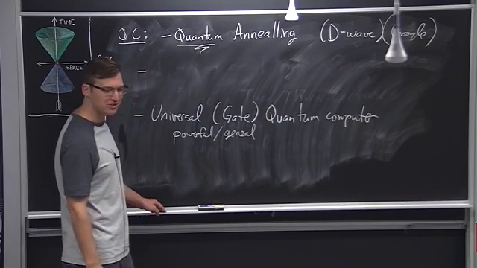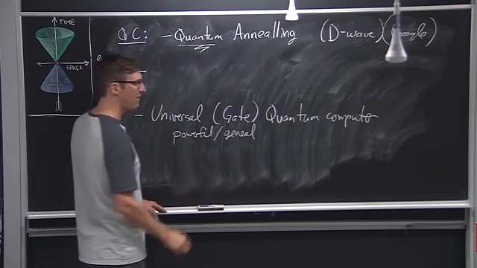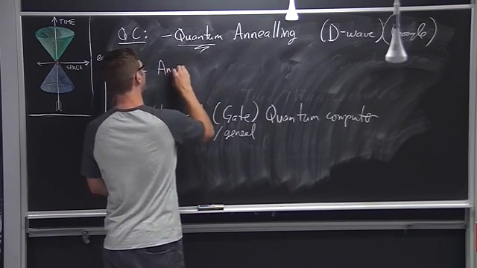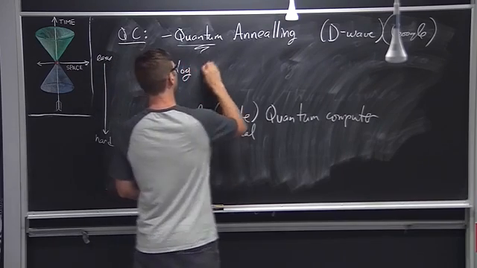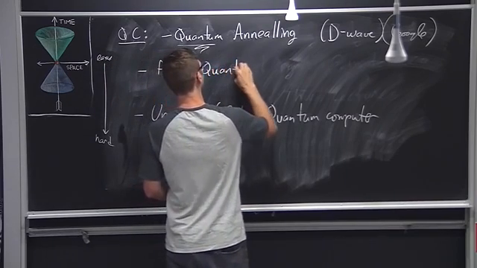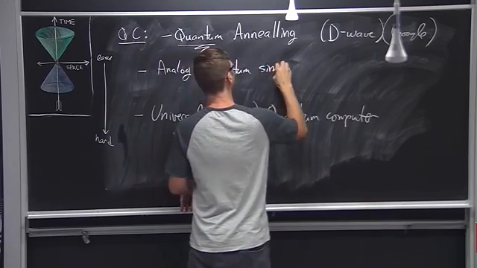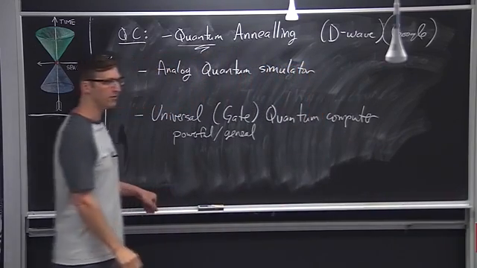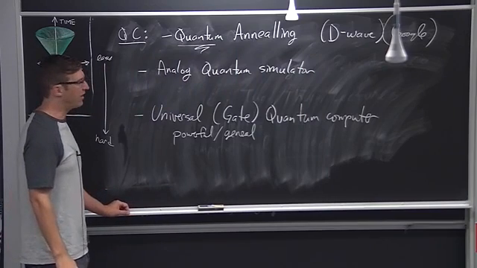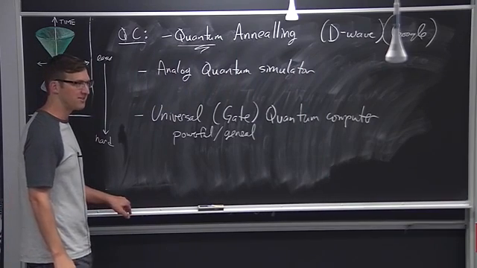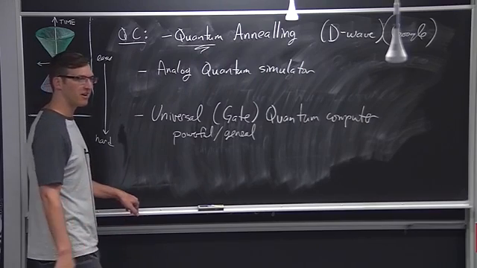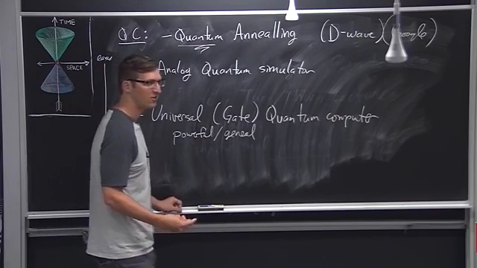And in between those, you might imagine what I'll call an analog quantum computer, or maybe an analog quantum simulator. An analog quantum simulator would be a quantum mechanical system that would, say, implement something like the transverse field Ising model directly.